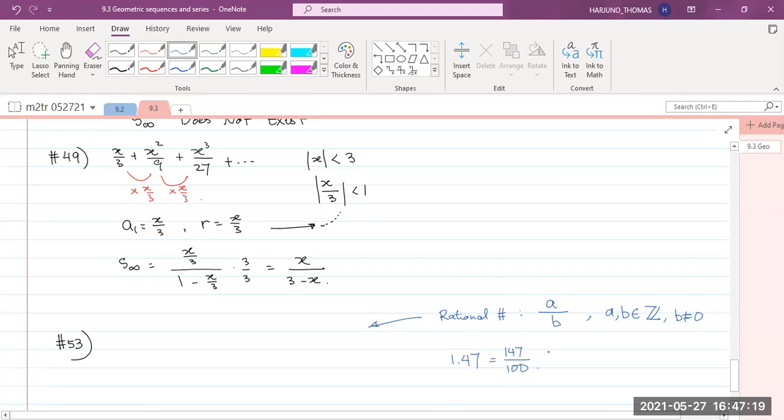Now, the problem is what happens if we have, like number 53, a non-terminating but repeating decimal. Can we rewrite this into a rational number? Now, in pre-algebra, we took it on faith that it's a rational number. Even in science, people say, well, if you believe in science, then you don't have faith. Well, too bad.